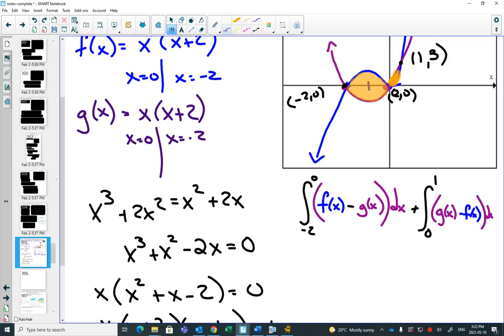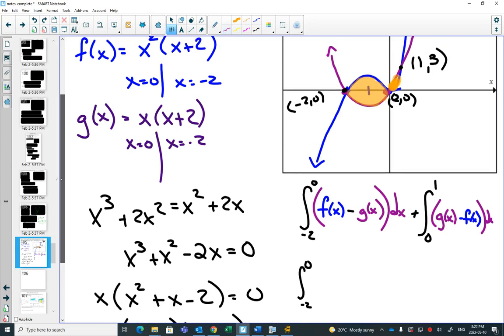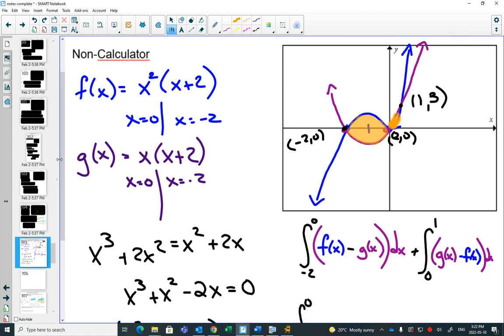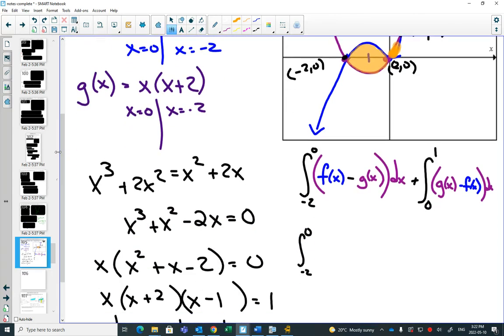So this becomes the integral from -2 to 0. f of x is x cubed plus 2x, and if I subtract the other one, I'll get x cubed plus x squared minus 2x dx, plus the integral from 0 to 1.